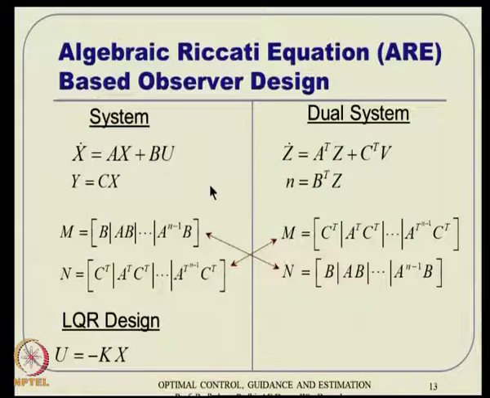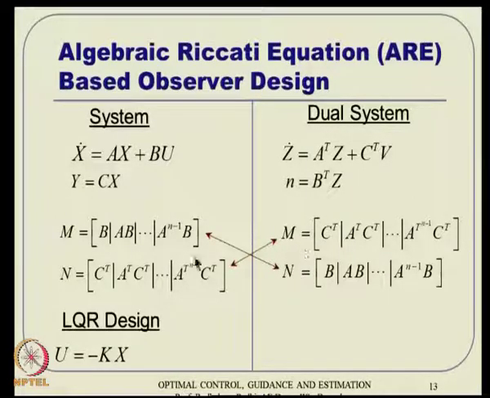So, now we go back to the analogy. We have the system dynamics, the controllability matrix, the observability matrix, and you constitute a dual system. Z dot is A transpose Z plus C transpose V, and output is B transpose Z. Suppose you construct a dual system in this form, then you can construct the controllability and observability of this dual system.